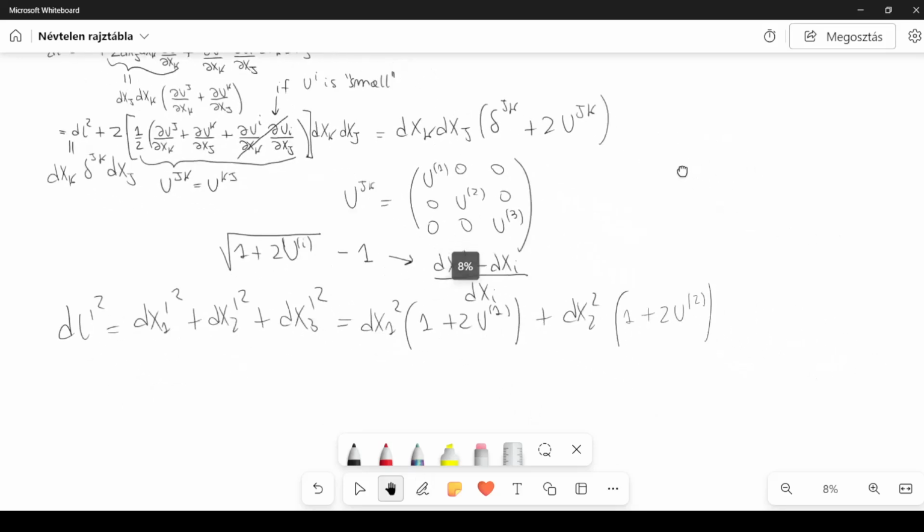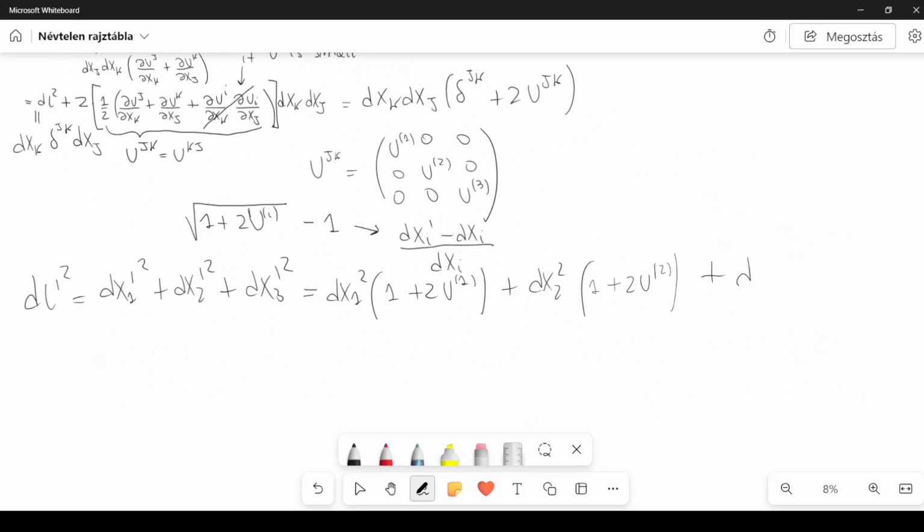And you also have the same for dx3 squared, 1 plus 2u3. So since the three directions 1, 2, 3 or x, y, z are orthogonal, they are also independent.